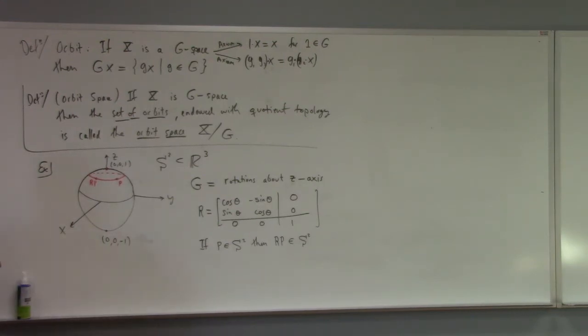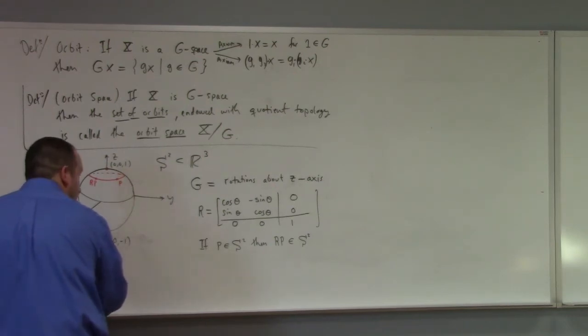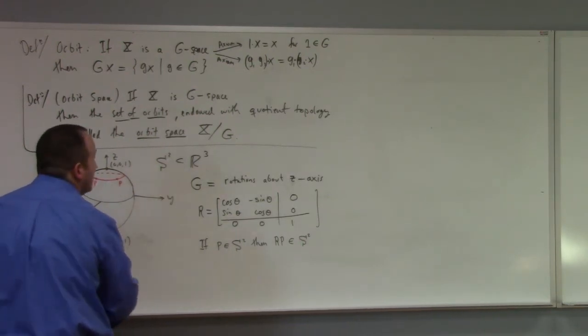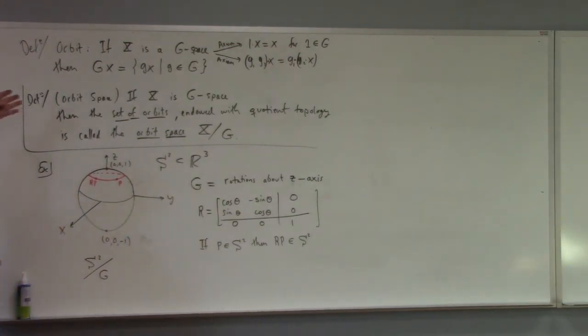And so he says what we're dealing with here then is X is S2, all right? So S2 quotient G in the sense of this definition of orbit space, right?